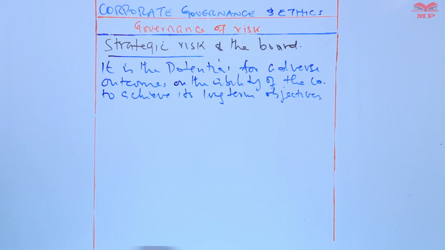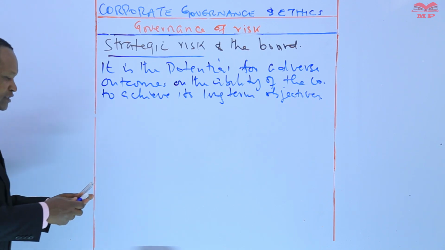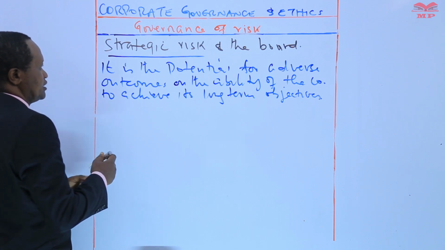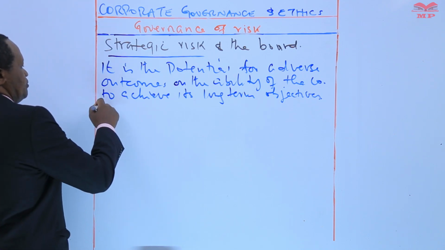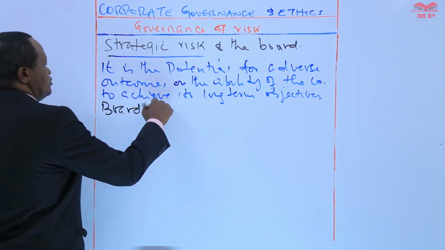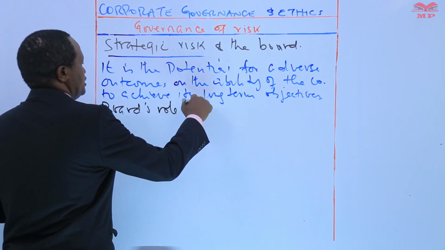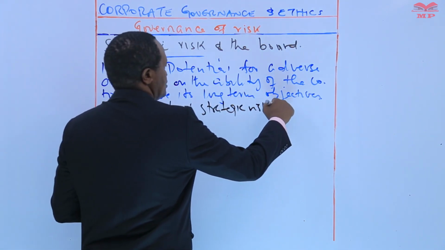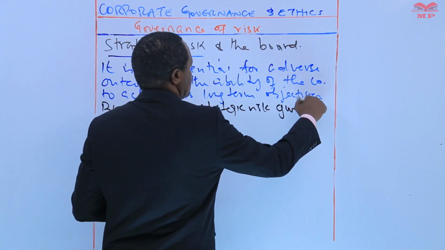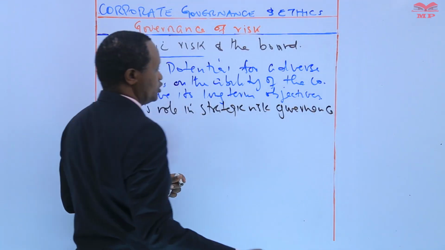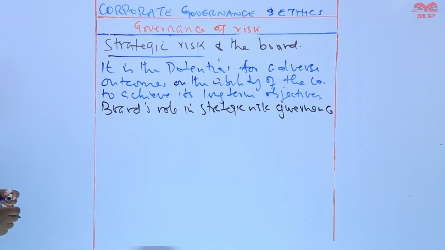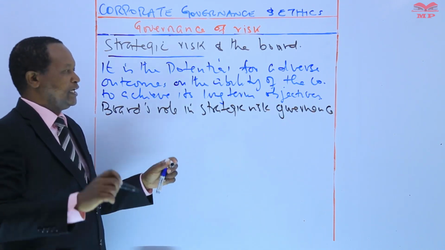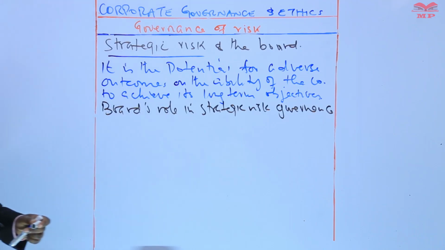So what is the board's role in strategic risk governance? That is the question we ought to answer. What is the role of the board in strategic risk governance?